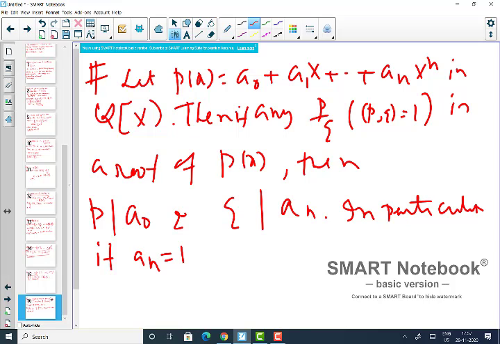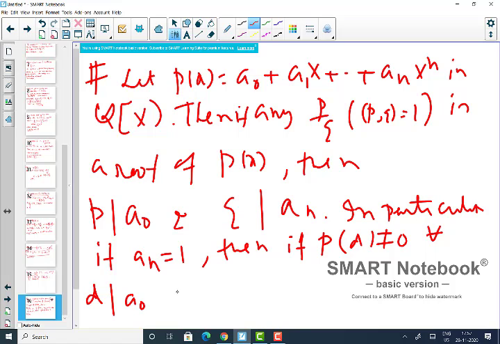So in particular q equal to 1, then we write down the factors d of a0, d not equal to 0, for all d dividing a0, and we check whether p is irreducible, right?